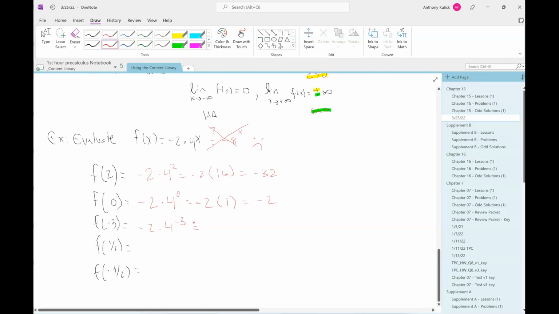So I plug that in. How do I do a negative exponent? Don't you put the 4 in parentheses and do that thing? It makes a reciprocal. And 4 to the 3rd is 64.